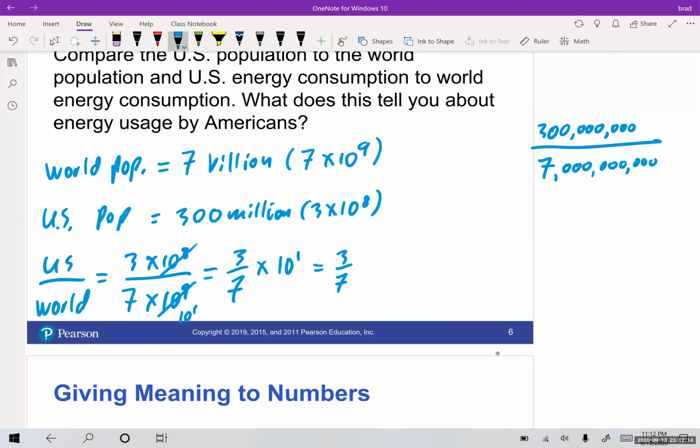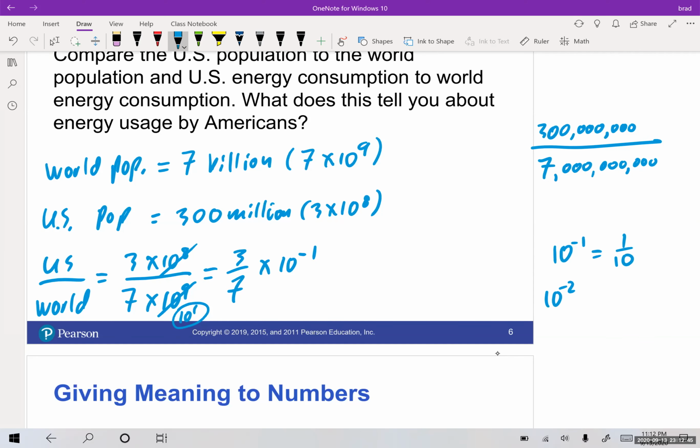Now, if they want us to use it as a decimal, let's see, what is this as a decimal? Oops, no, I messed up. Hold on, you guys. Sorry about that. This is times 10 to the negative 1, because look, this is in the denominator. Remember, if you have 10 to the negative 1, that's the same as 1 over 10, right?